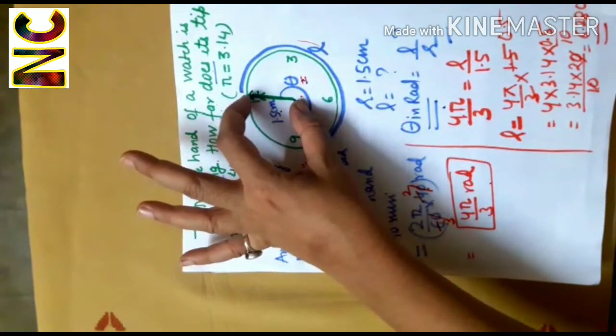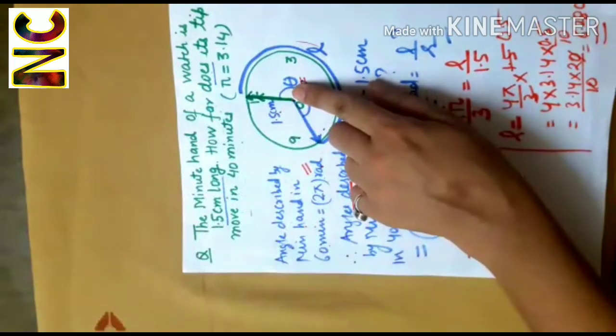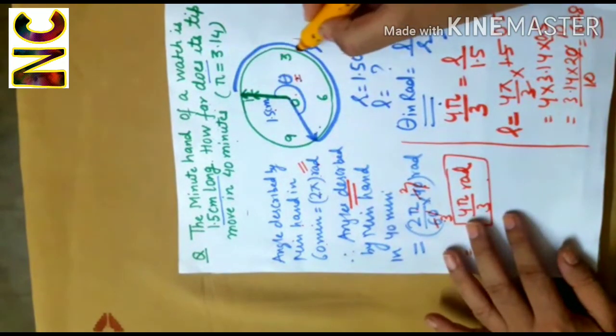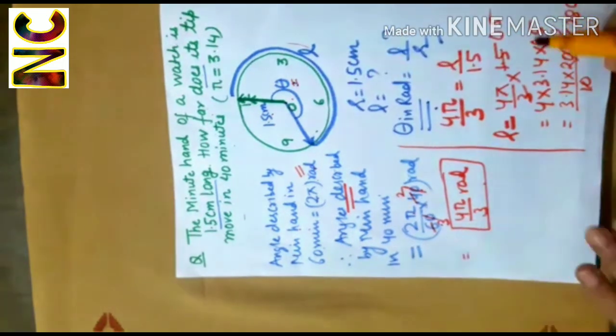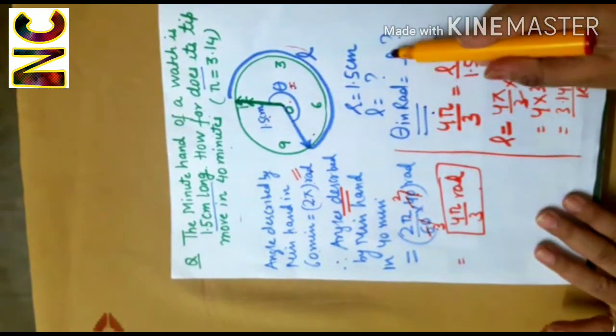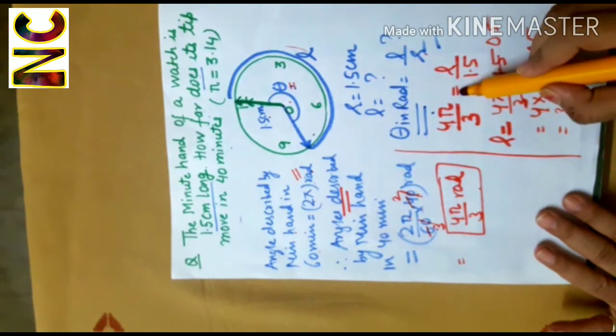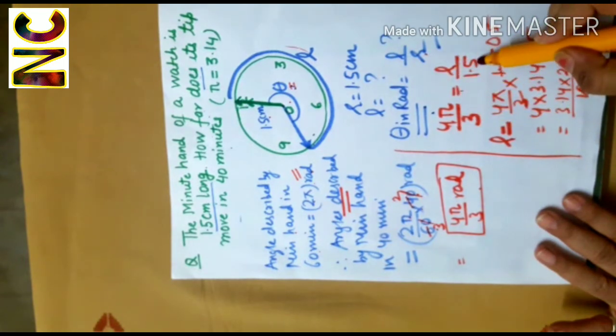R is the length of the minute hand, which is 1.5 centimeter, and we need to determine this length of arc. So theta is equal to L by R. So theta is 4 pi by 3 equals L over 1.5.